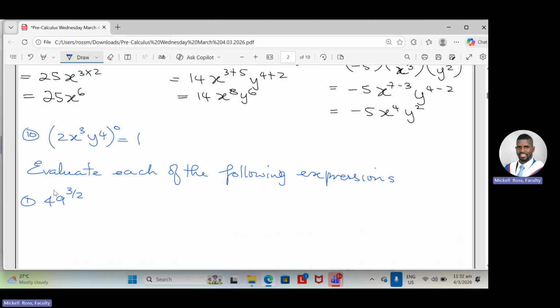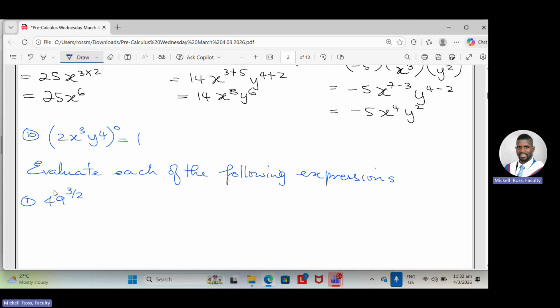Remember, the power or the index or the exponent tells you how many times the base is going to multiply by itself. So how am I going to multiply 49 by itself 1.5 times? Why do I say 1.5? Because 3/2 is the same thing as 1.5. So how do you multiply the number by itself 1.5 times?